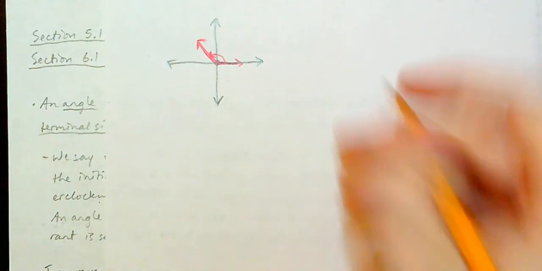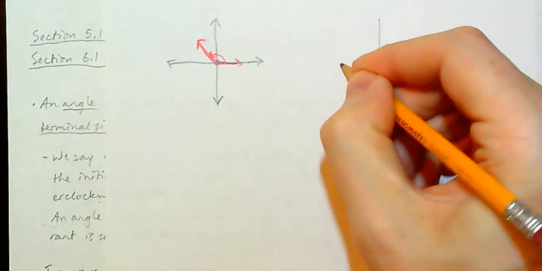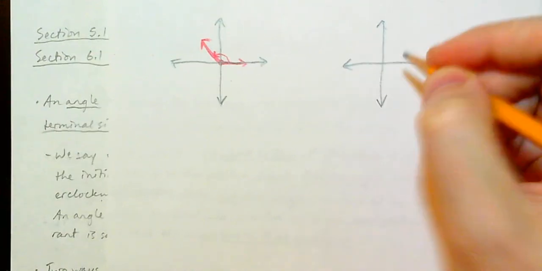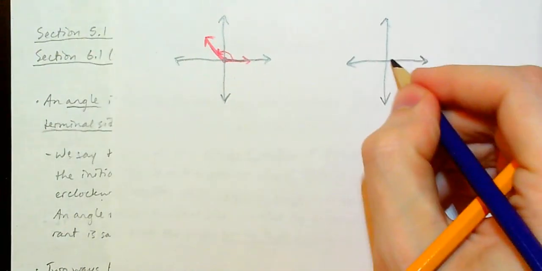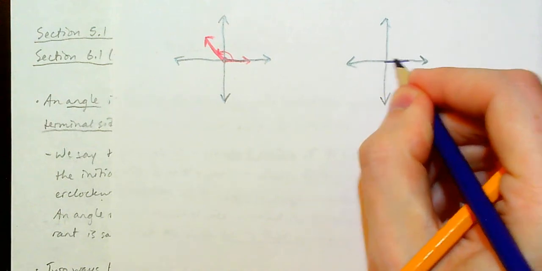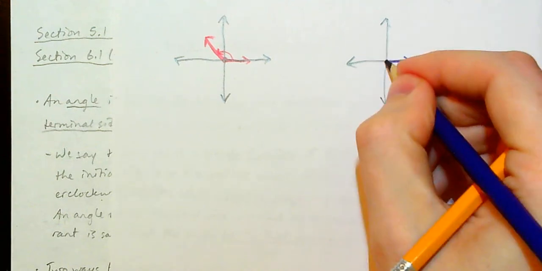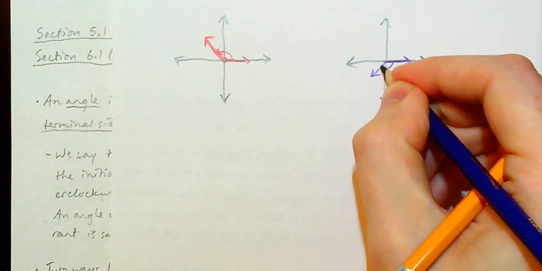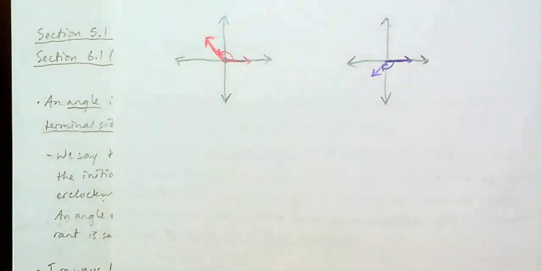An example of a negative angle, if I draw a new set of coordinate axes here, this angle's in purple. This would be an example of an angle that is negative.